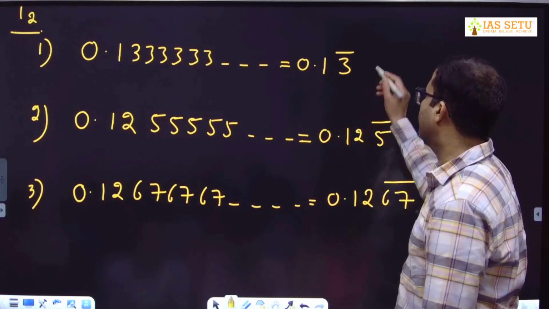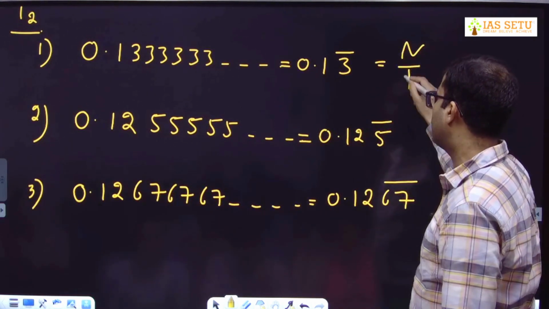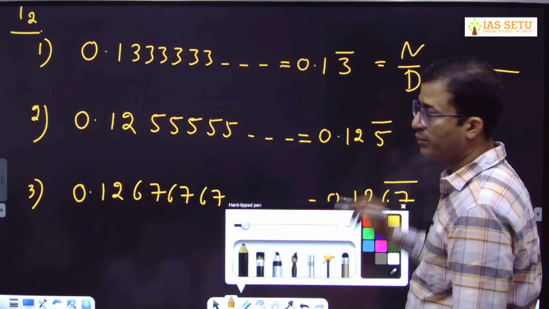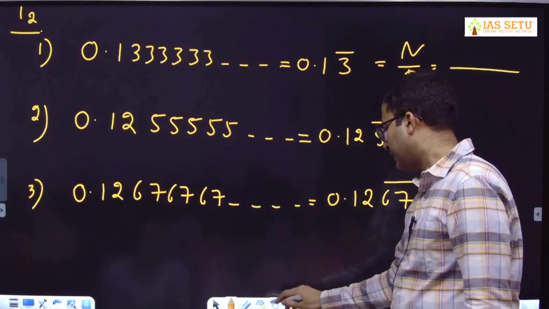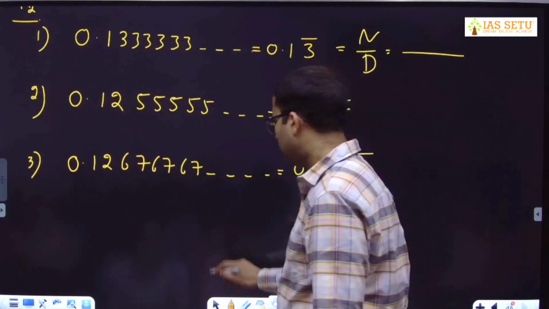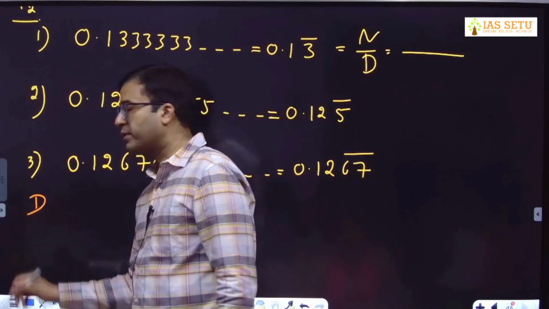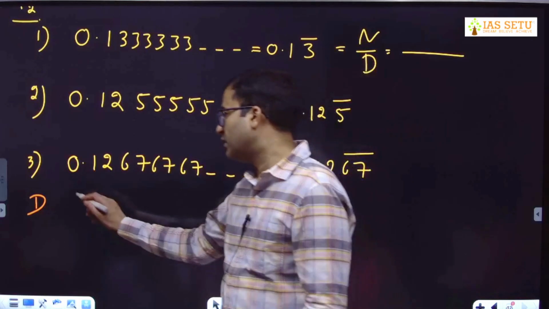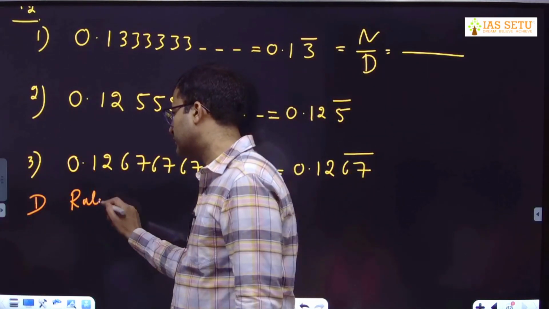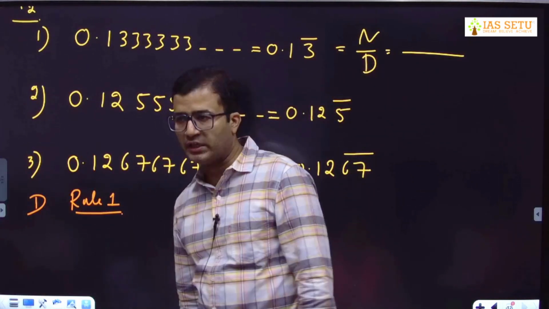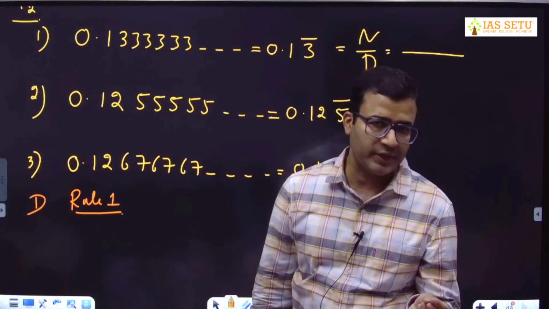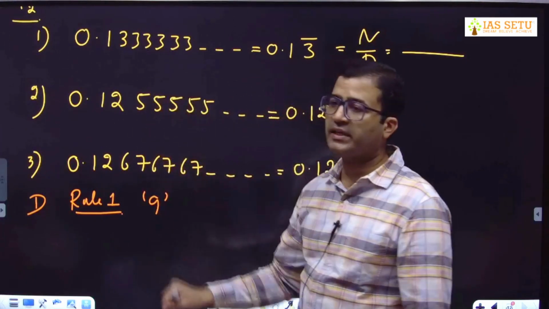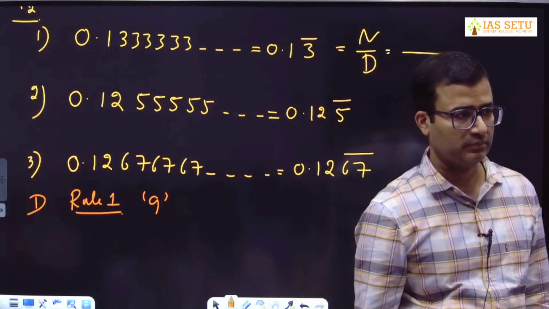Now here, numerator and denominator. Let us start with denominator first. For this denominator we have 2 rules. Rule number 1 we already studied. Rule number 1 is, in our denominator we have as many 9s as many digits under the bar.